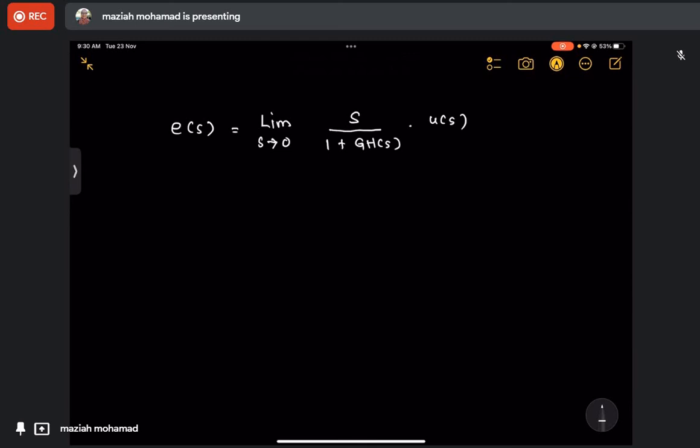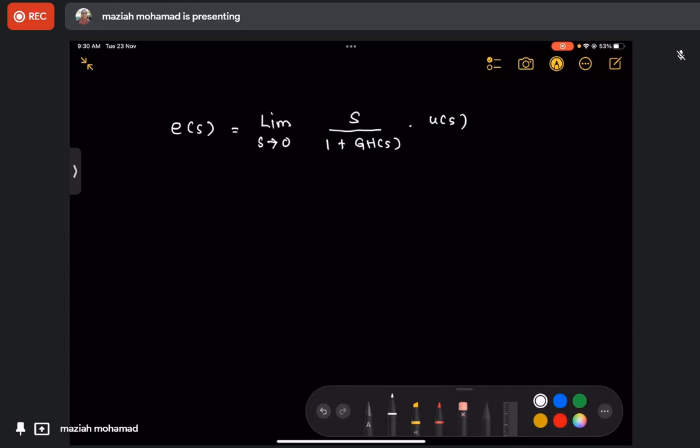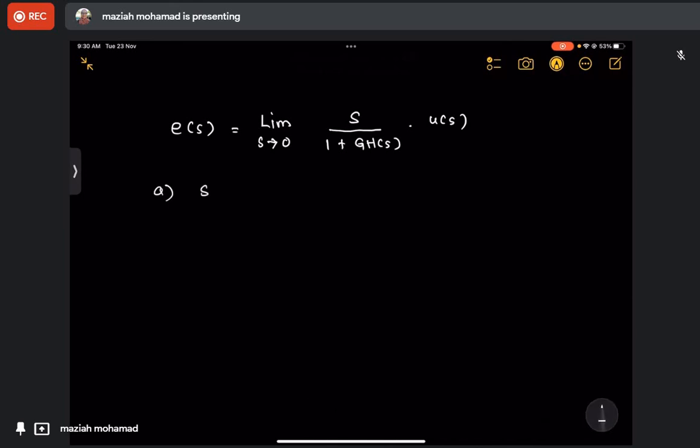The first one is for step input, where US is equal to 1 over S.